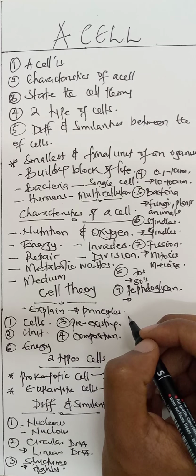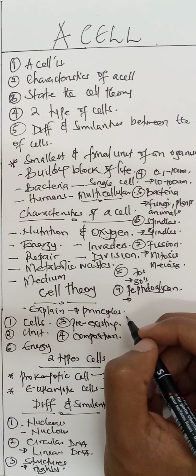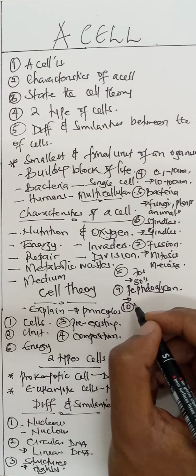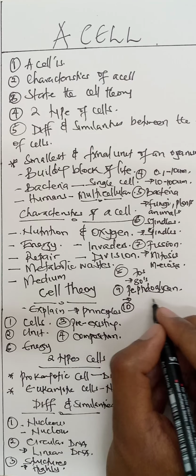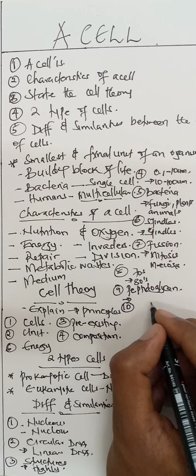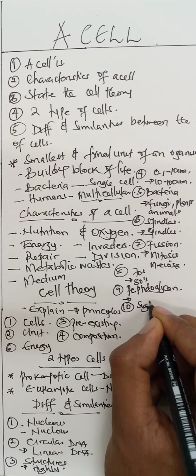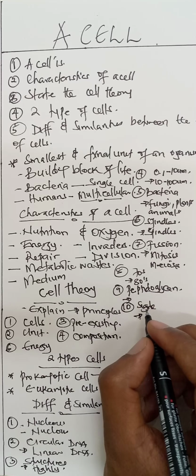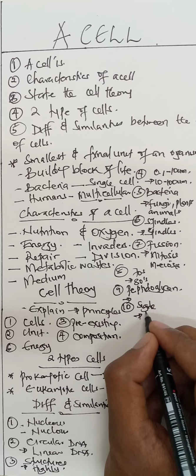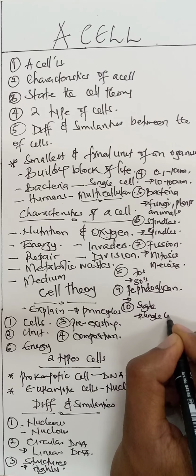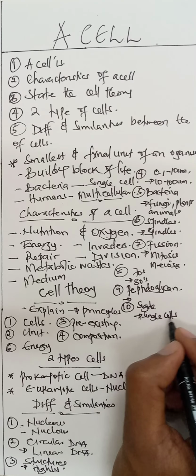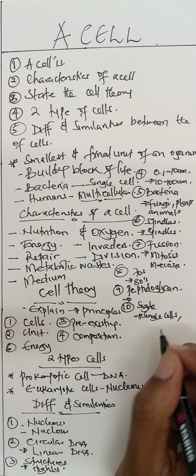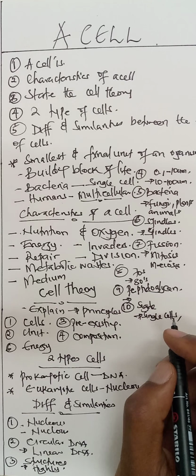So the other difference is that prokaryotes only exist as a single cell, but eukaryotes may exist as single cells, or higher multicellular organisms with specialized cells.